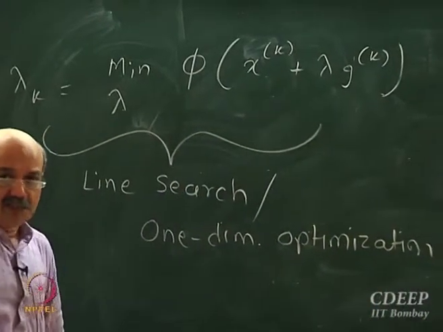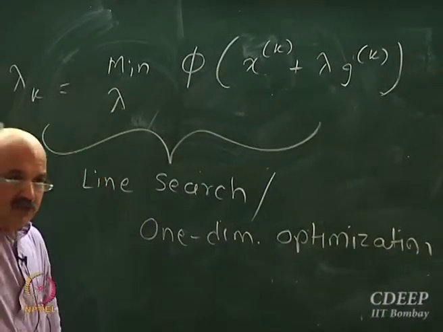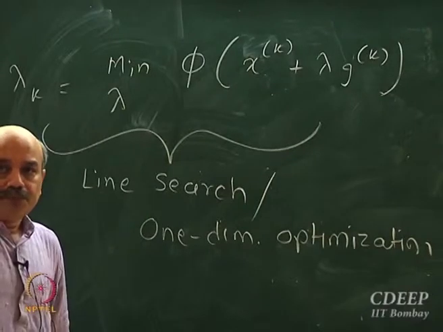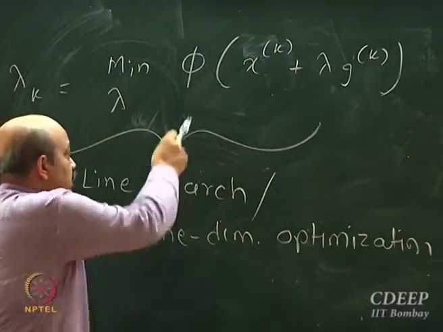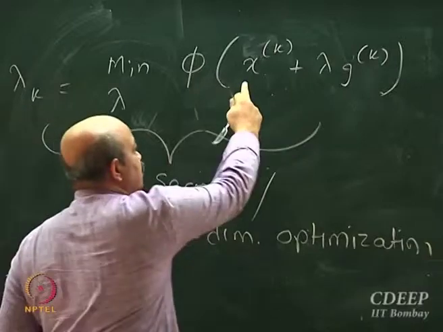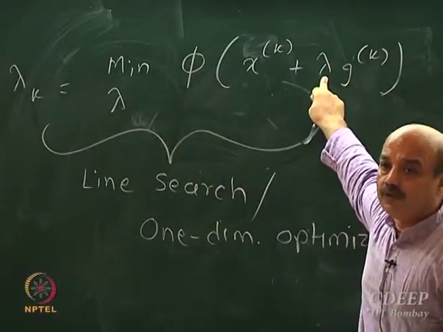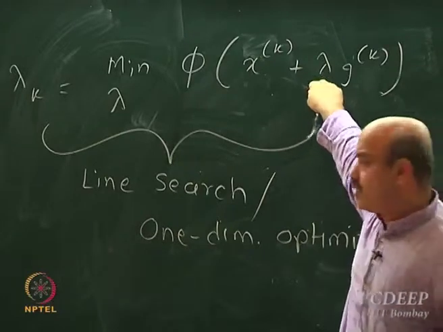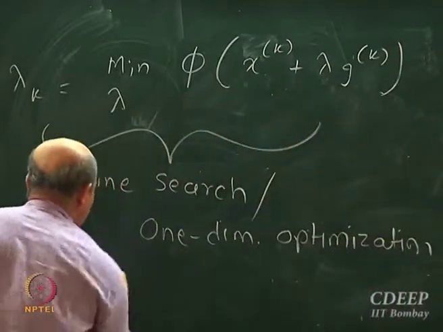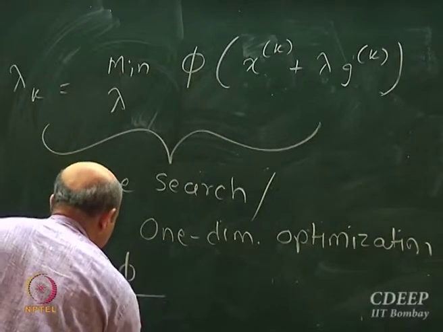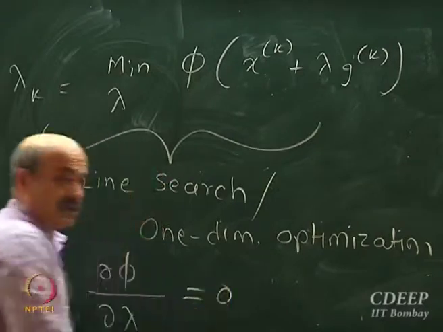This is called line search because we know in which direction to move, we just want to find out how much to move. So this phi becomes a function where x_k is known, g_k is known, lambda is unknown. With respect to one scalar, I have to find out. Of course, what I have to do is to solve for dou phi by dou lambda equal to 0.